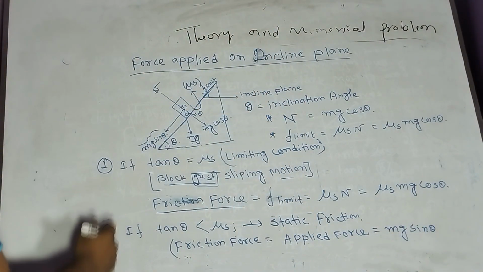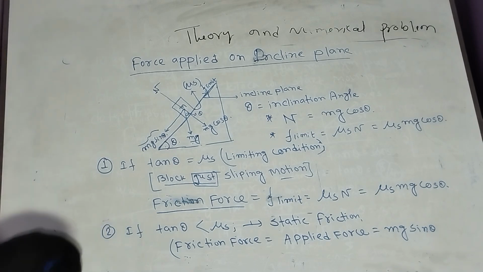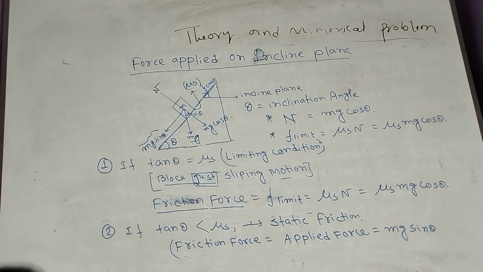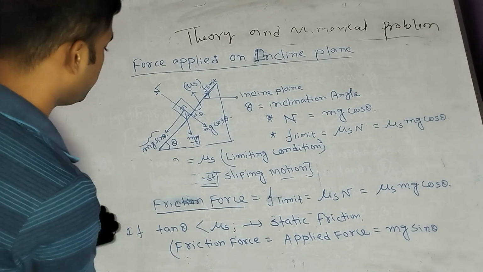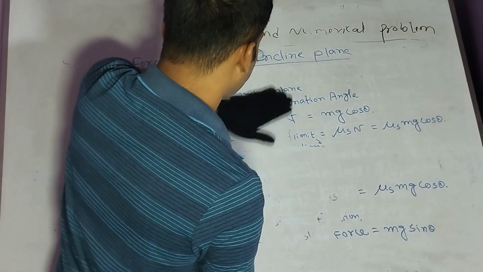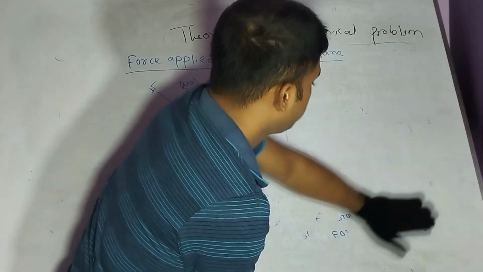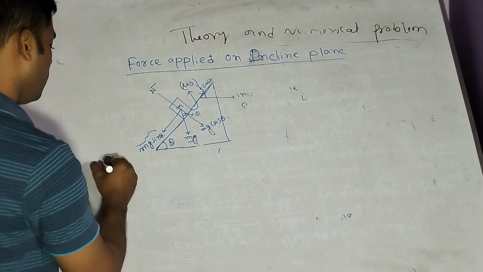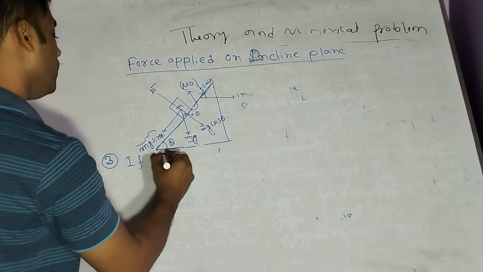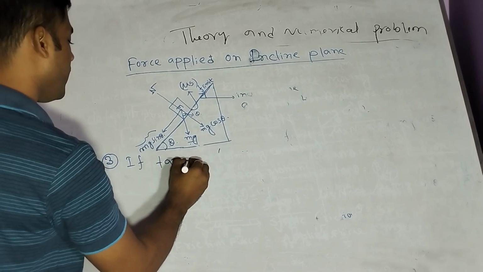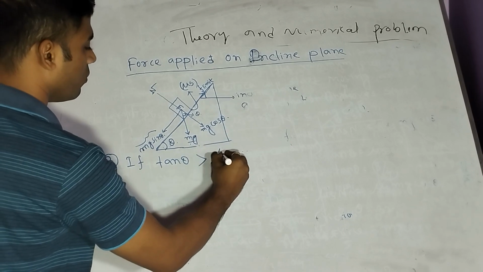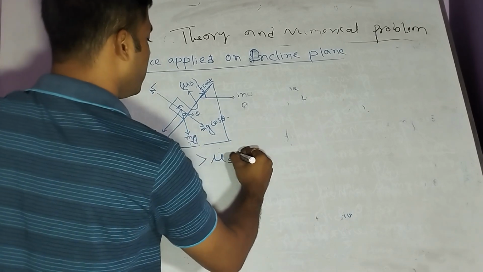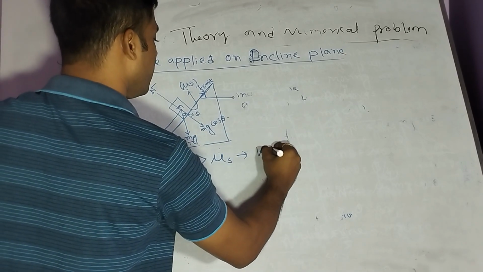So two conditions. Then the third condition, please note it down quickly in your book. Next, the third condition: if tan theta value is greater than mu s value, then friction is kinetic friction.